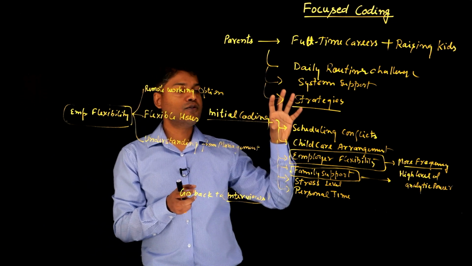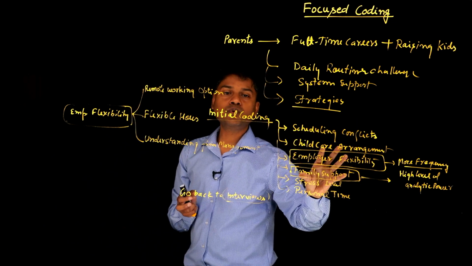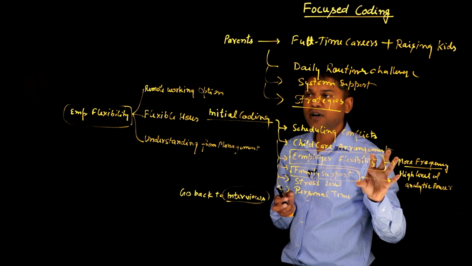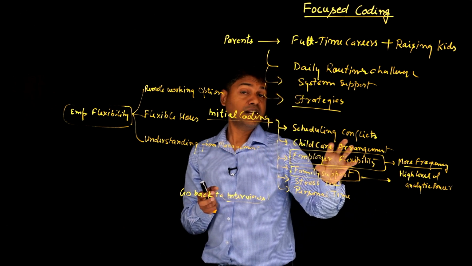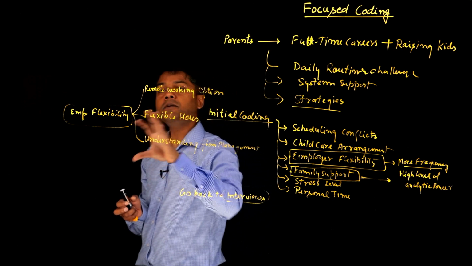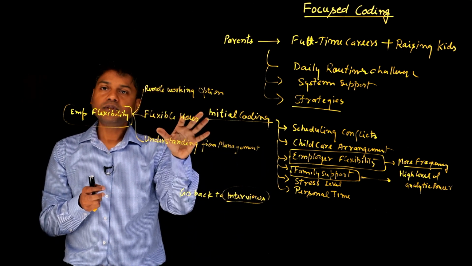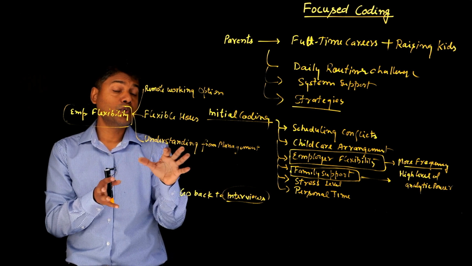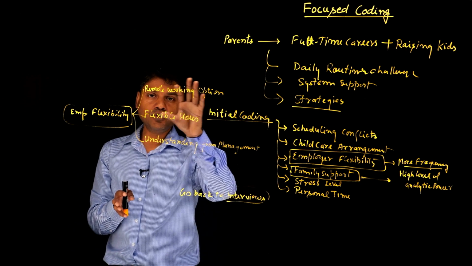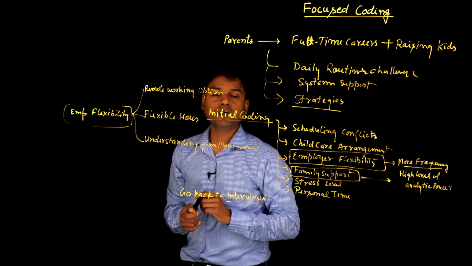We focus not on all the initial codes, but on certain codes which have high prominence, high frequency, and high analytic power in explaining the phenomenon. Then we go deeper into those codes, and we look at sub-themes or further coding and variations that we see across participants. And this is called the focused coding process.